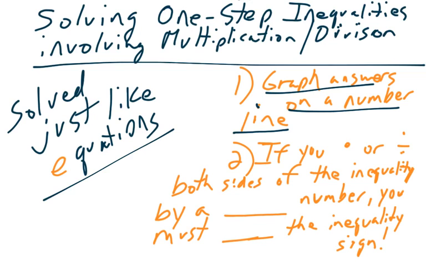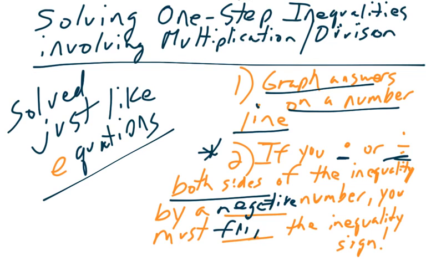But the second thing, and this is the new one, is that when you multiply or divide both sides of the inequality by a negative number, you must flip your inequality sign. So this is in the solving process.